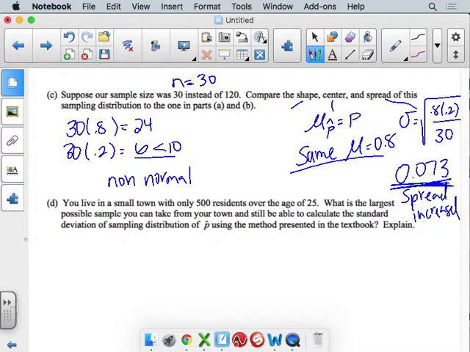D, you live in a small town of 500 residents over the age of 25. What's the largest possible sample you can take and still be able to calculate the standard deviation?